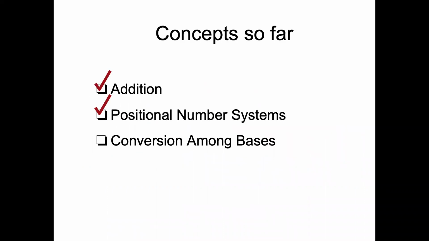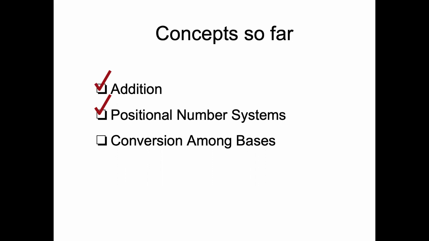All right. So here's what I think we've done so far. I tried to convince you that you already know this idea of positional number systems, and we can reuse what you know in other bases. And we did addition, both in base 10 and now in the less familiar base 2. We just did a trick of converting between bases.